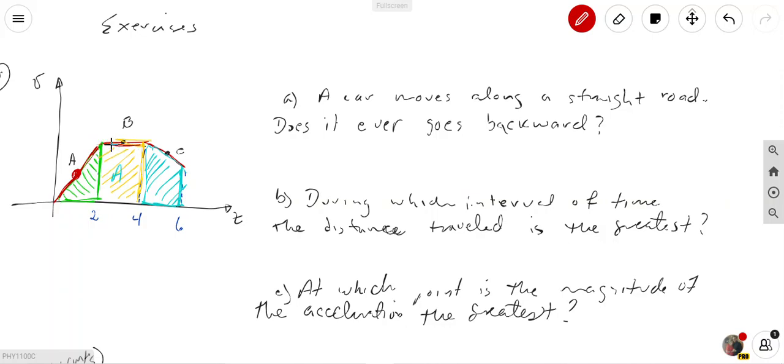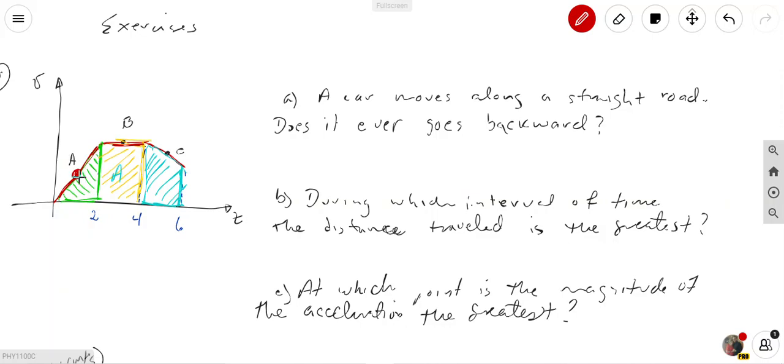Here we have constant velocity, so we have a slope that is 0. Here we have a velocity that is negative, but independently of that, the slope from 4 to 6 is lower in magnitude, in absolute value, than the slope from 0 to 2.